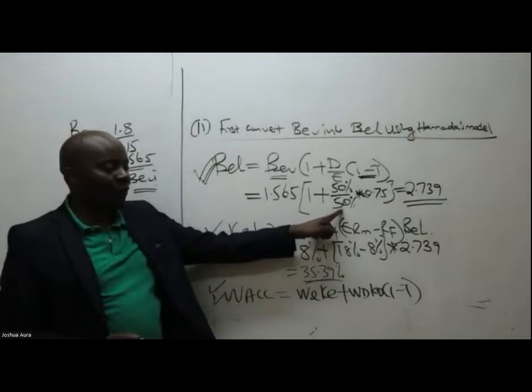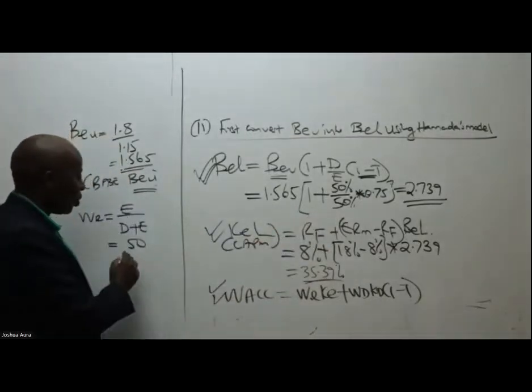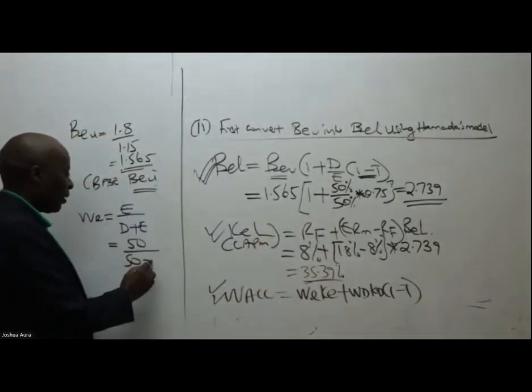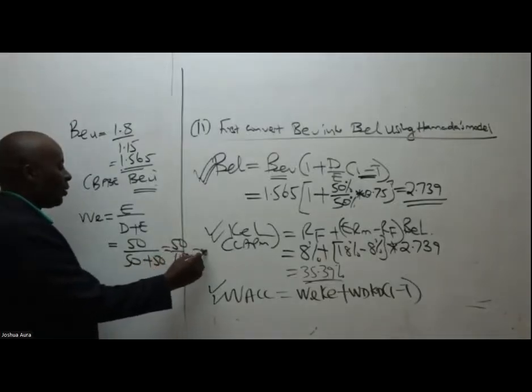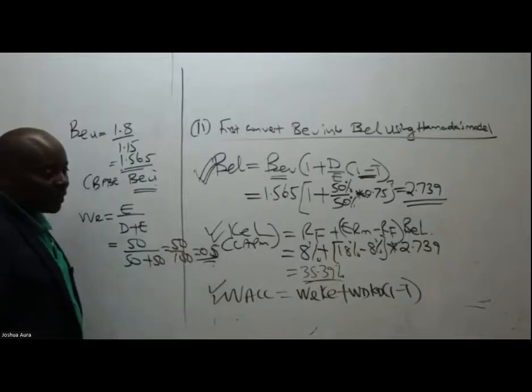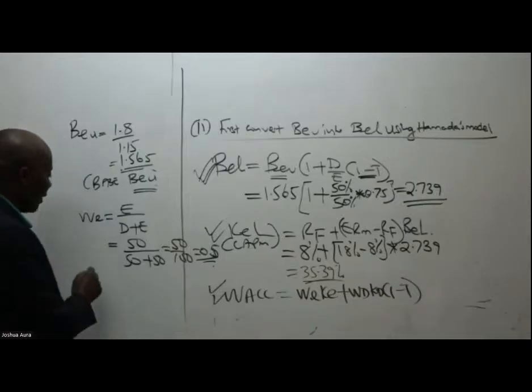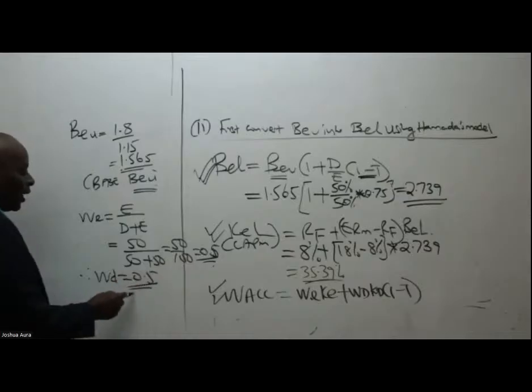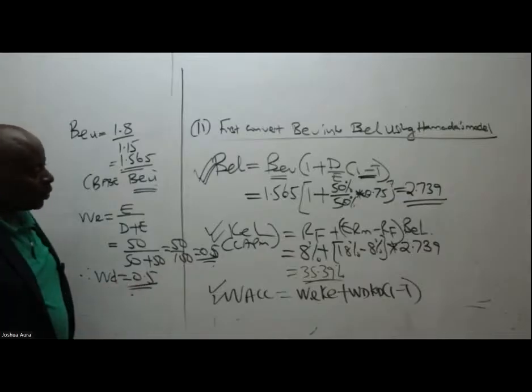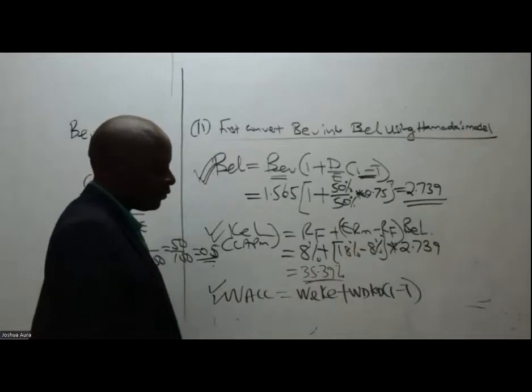So equity 50 over debt, which is 50, plus equity, which is 50. So this will be 50 over 100, which is 0.5. And the moment I've gotten weight of equity, weight of debt will also be 0.5.